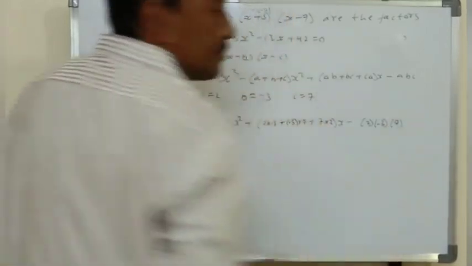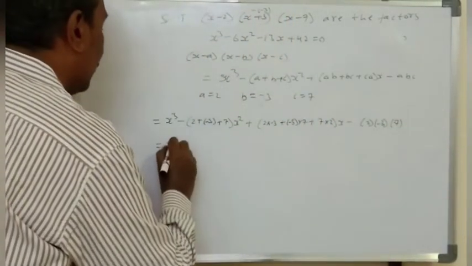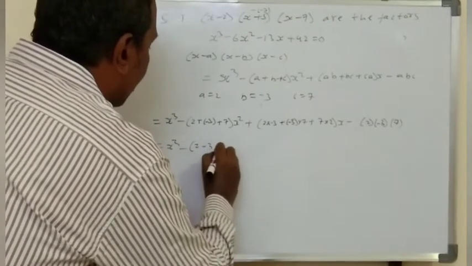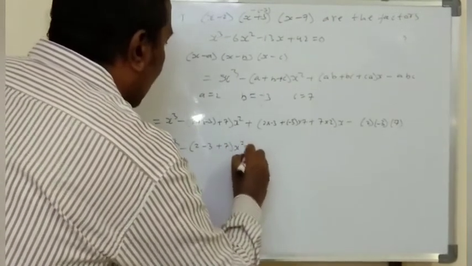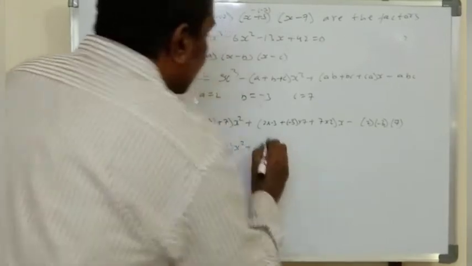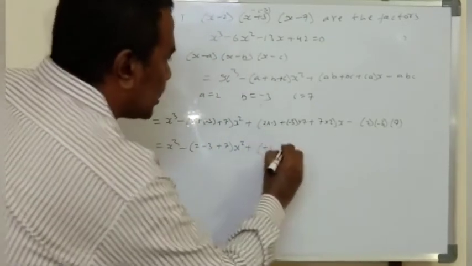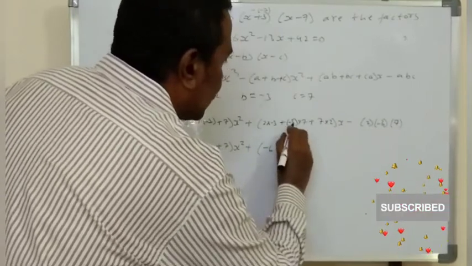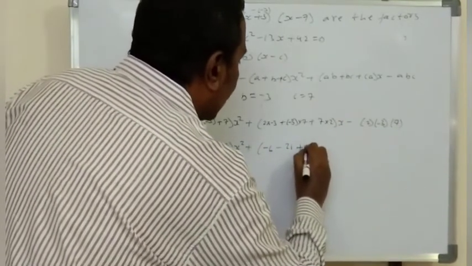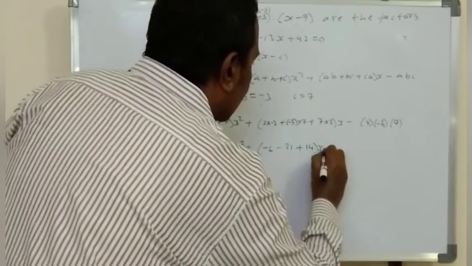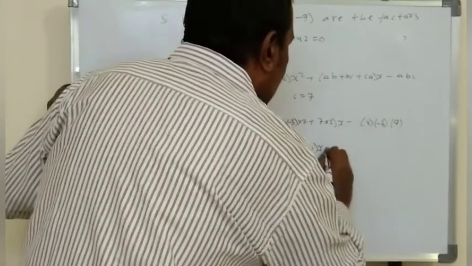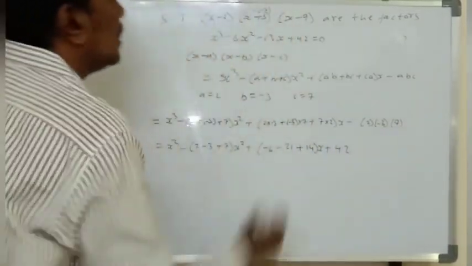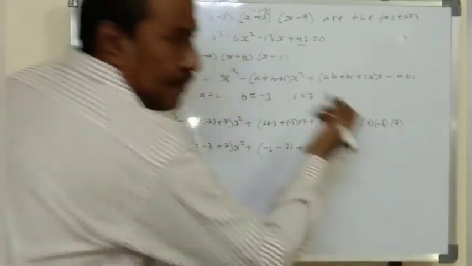That is equal to x cube minus, 2 minus 3 plus 7, of x square plus, minus 6, plus into minus minus, 2 threes are 6. Here minus 21, plus 7 twos are 14, of x minus, minus into minus plus, 2 threes are 6, 6 sevens are 42. So the last term 42 we already got.